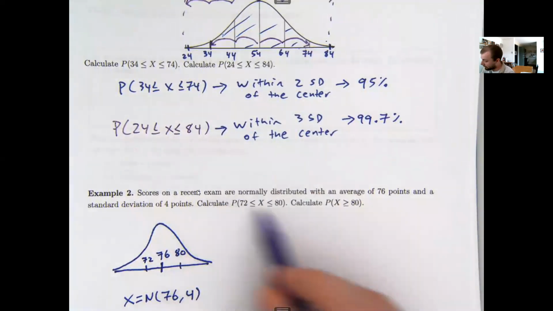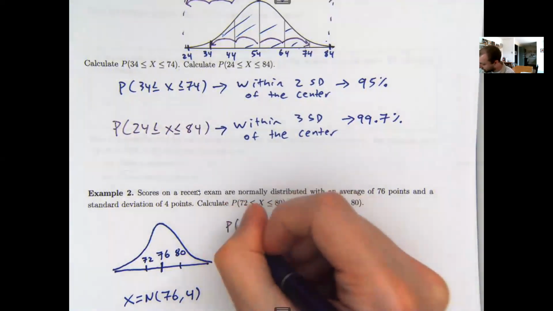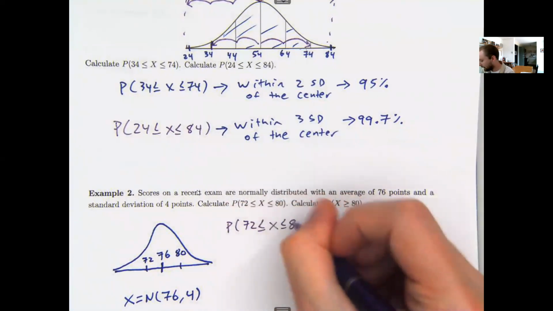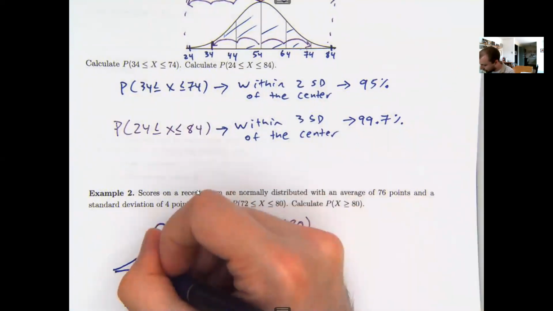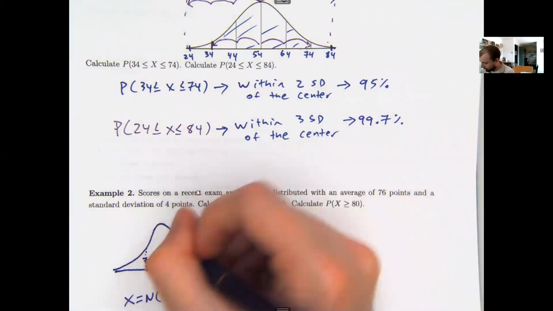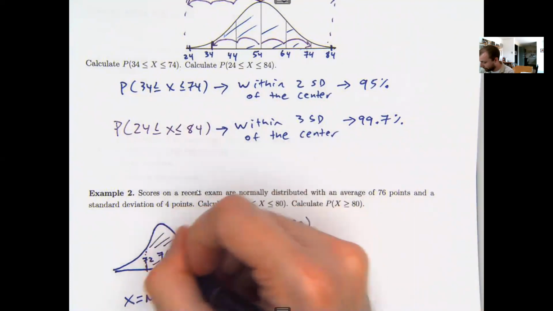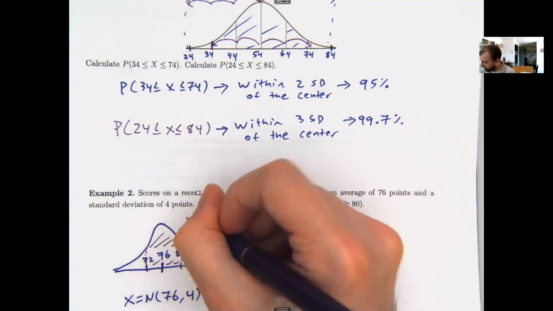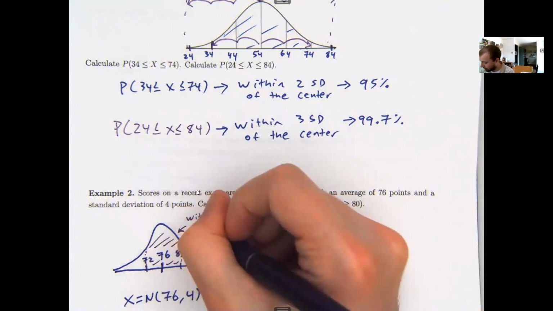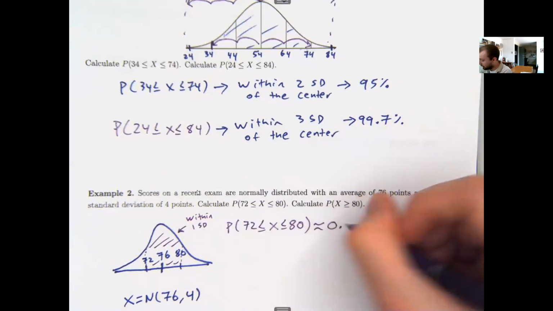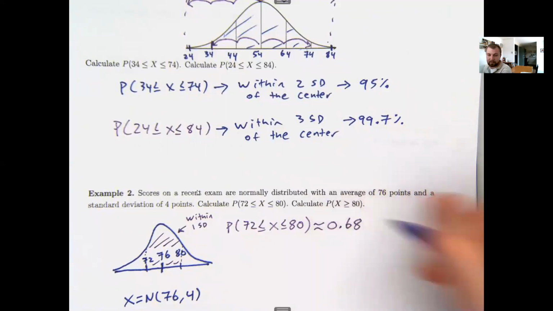The first part of this asks me for the probability between 72 and 80. And I feel like I luck out there because this is 1 standard deviation down, and this is 1 standard deviation up. I'm within 1 standard deviation. And if I'm within 1 standard deviation, that's approximately 68% of the area.